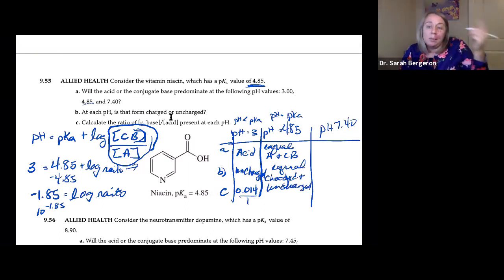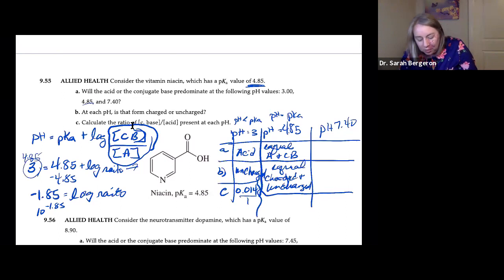So then we can go in and plug this into our formula, and you do the same process, right? You just put here 4.85, right?